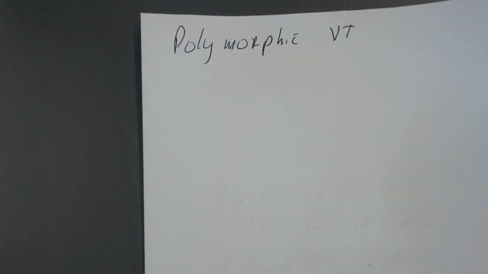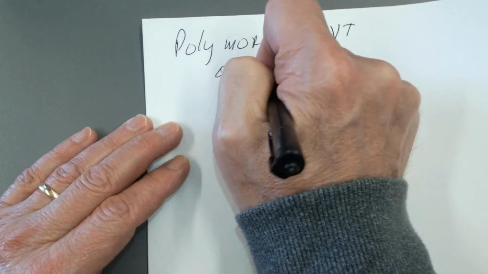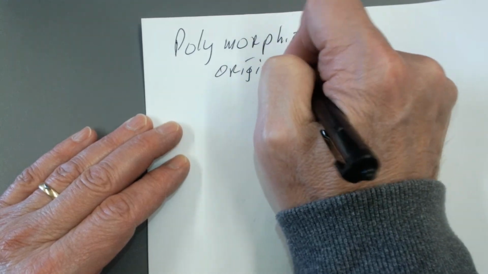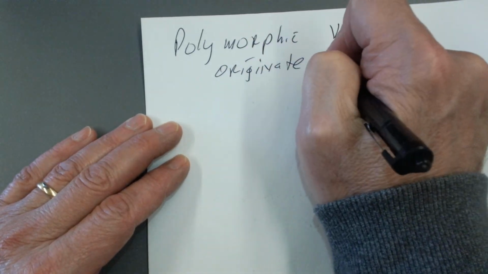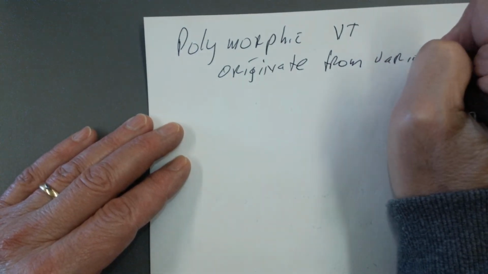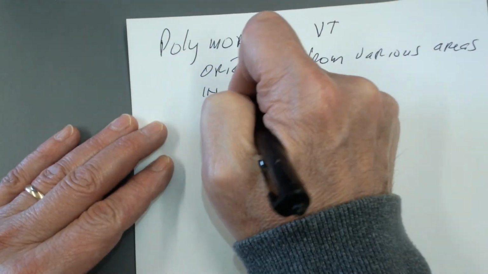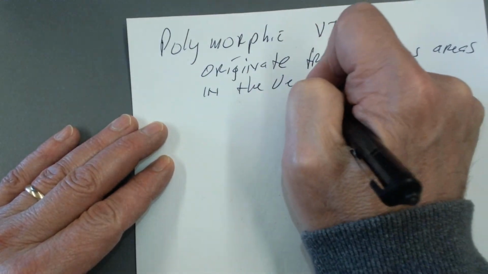And the reason they have different shapes is that they come from different areas in the ventricle. So they originate from various areas in the ventricle.